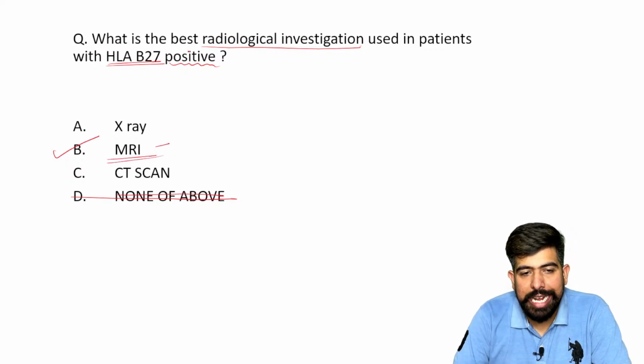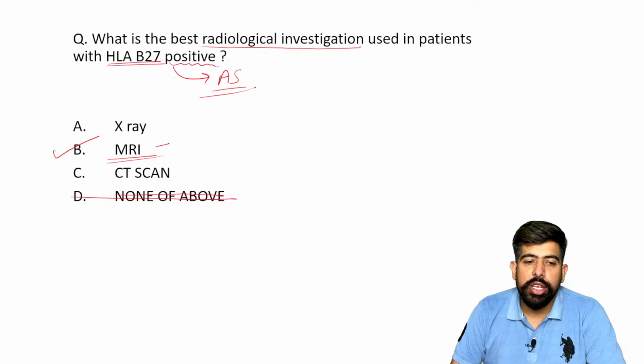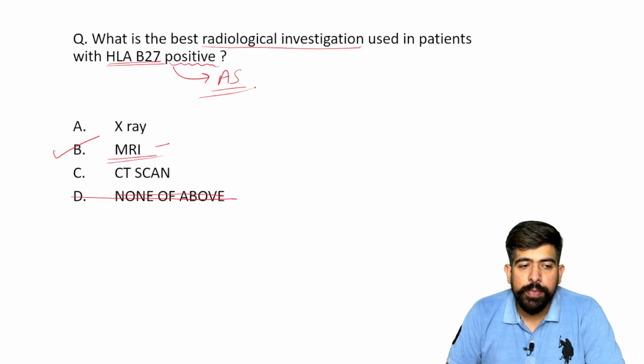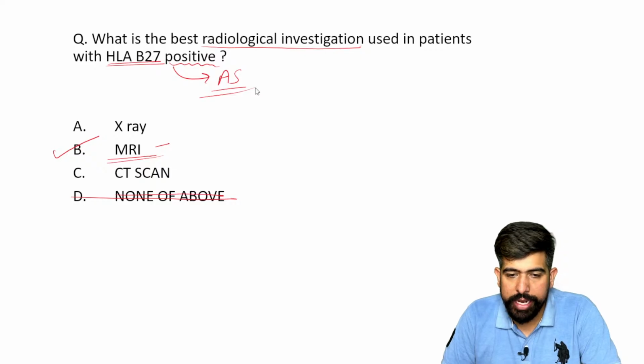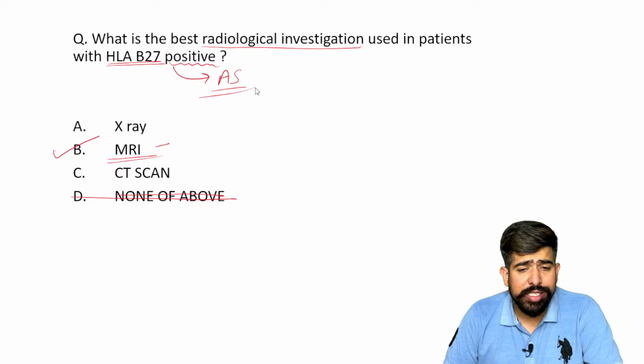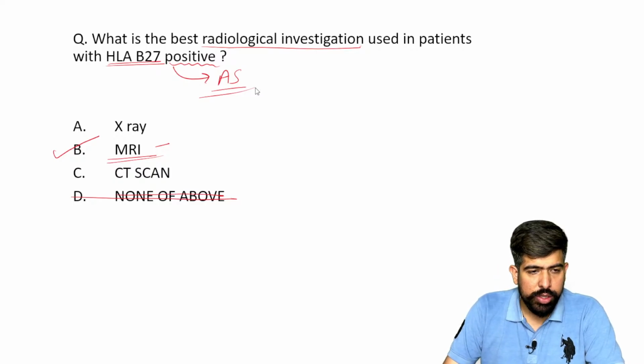For HLA-B27 positive, I hope you remember, it is ankylosing spondylitis. Anterior uveitis is also in ophthalmology, if we are talking about it.